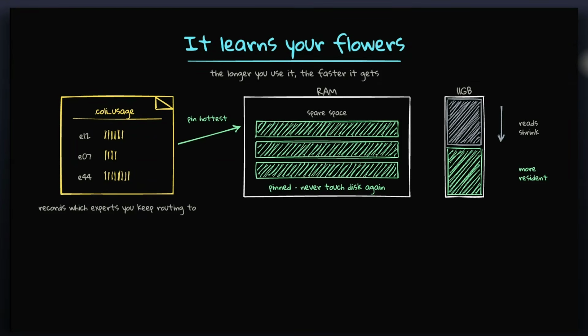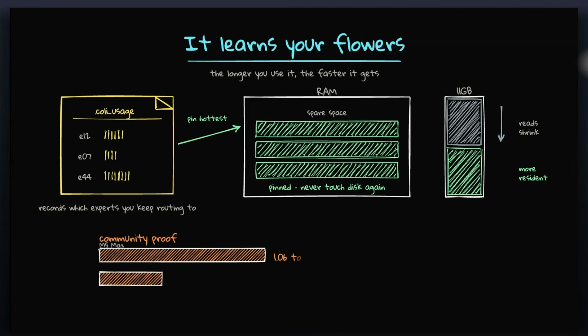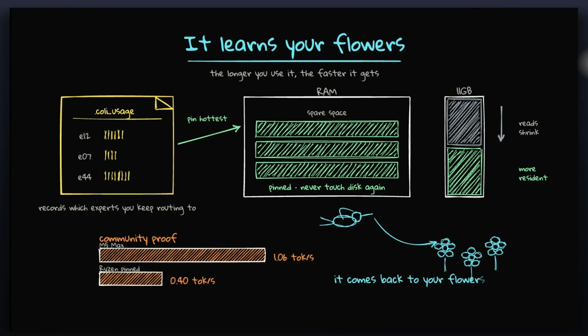And you're going to have fewer and fewer 11 gigabyte reads per token. Now, this is going to work provided you have enough VRAM or RAM in general. There are some reports where you can get about a token per second on an M5 Max. So it's really nice, right? The hummingbird that learns your flowers and comes back to them first when you need them.